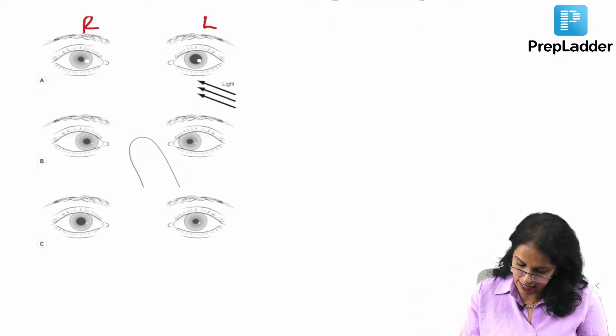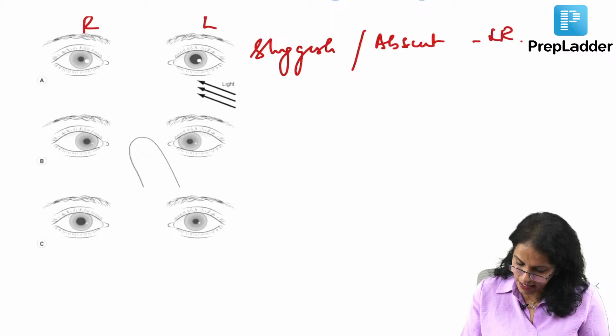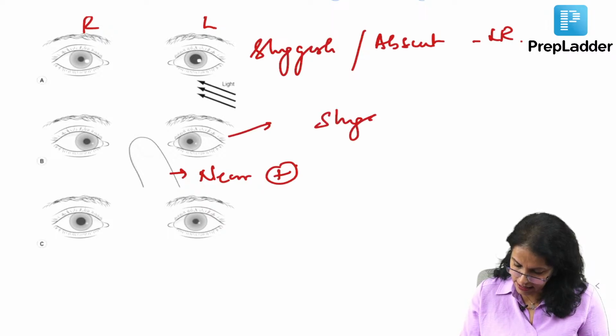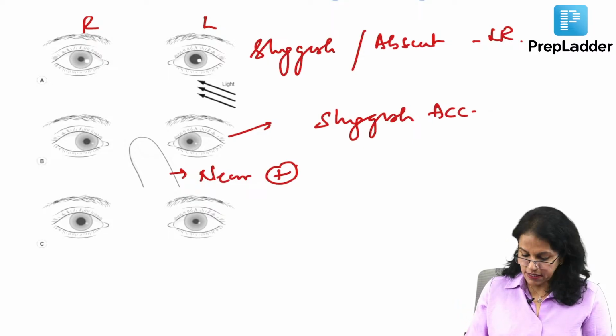When I am showing the light, maybe some sluggish light reflex, maybe it is absent, anything is possible regarding the light reflex. When I am showing some near stimulus here, this is leading to constriction, but again it is sluggish accommodation. And why am I saying sluggish? Because when I am removing, even still it is constricted. So, it is a tonic pupil.